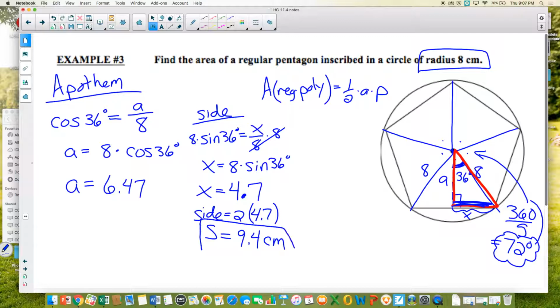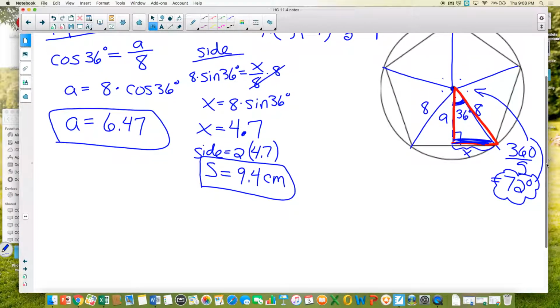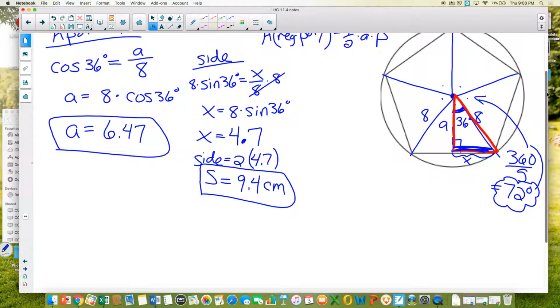So we know what S is, and we know what the apothem is. Now we have to find the perimeter. How many sides are in this shape? In this shape, we have 5 sides.